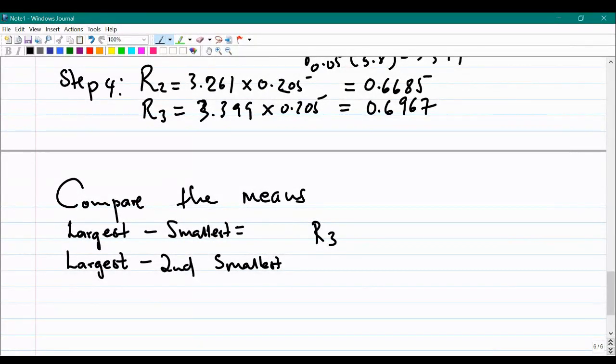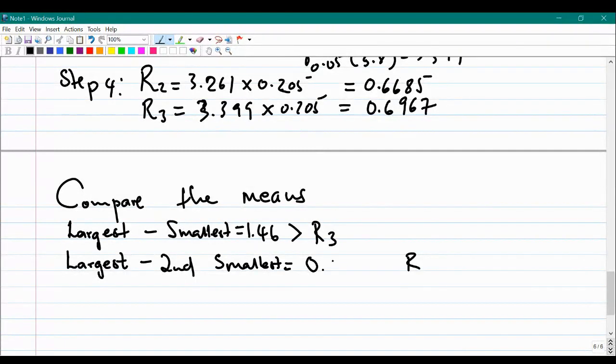So largest minus smallest, what is the answer? It's 1.46. Is it greater than R3? Yes, greater than R3. Largest minus second smallest? 0.9.